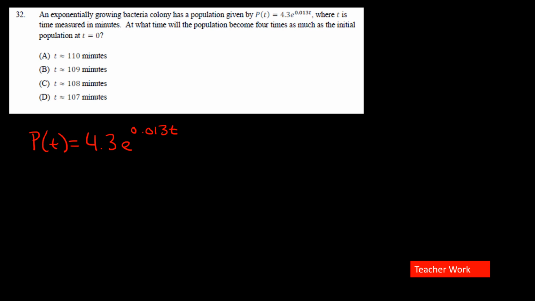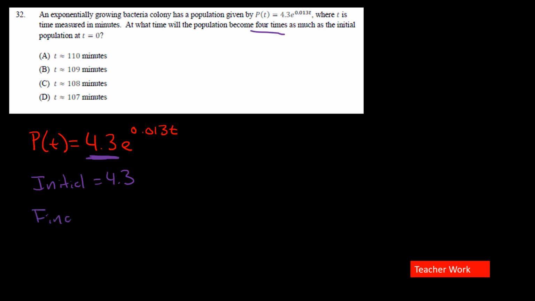Okay, so when we look at this equation, you're probably thinking, how do we get started? Well, this value here is our initial, equals 4.3. And they say that they want the final to be 4 times.